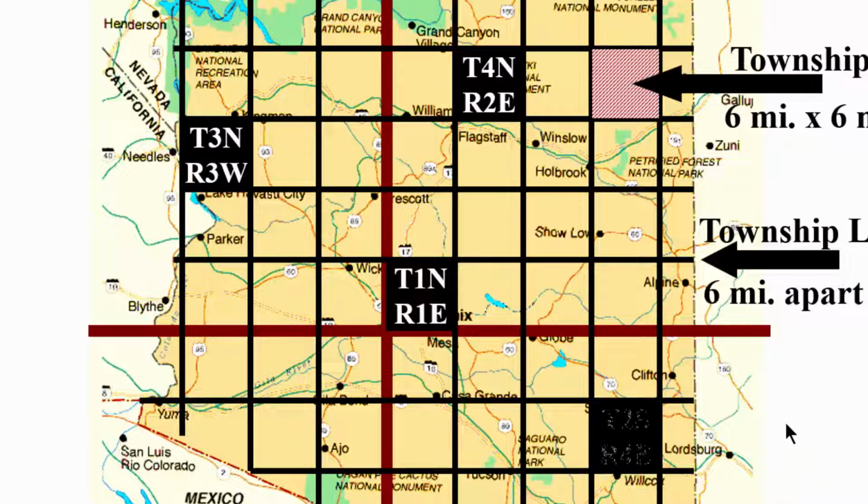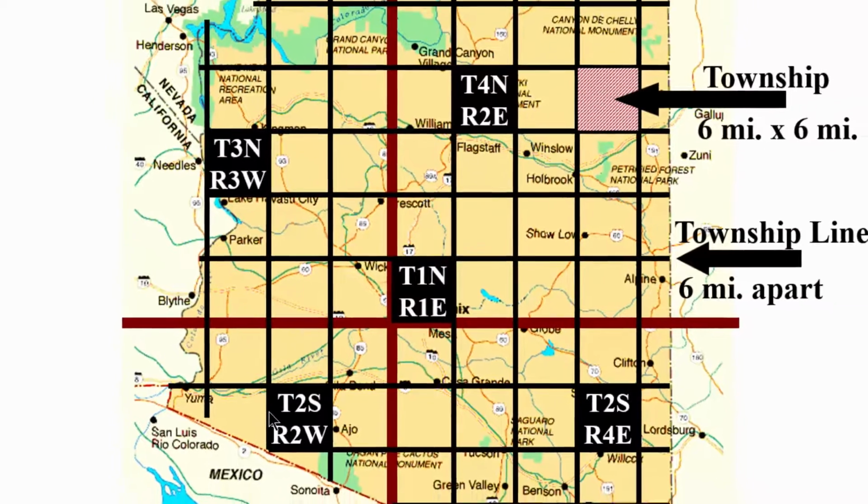So that parcel is Township 2 South, Range 4 East of the G and SR B and M. All right, one more. So this one is south of the baseline. How many townships south? 1, 2 south. And how many ranges west? 1, 2 west. So that parcel is Township 2 South, Range 2 West of the G and SR B and M.